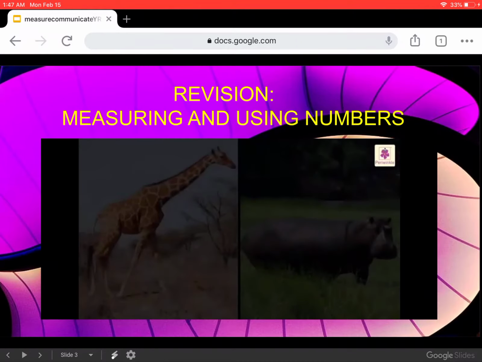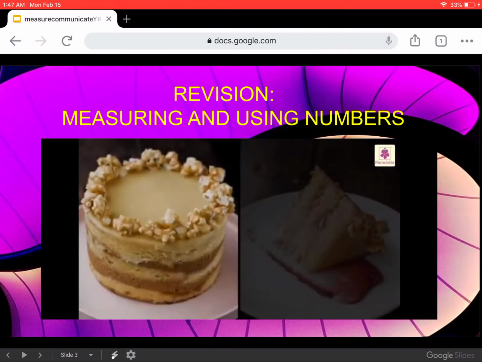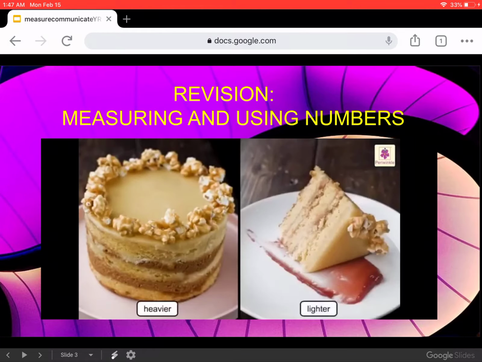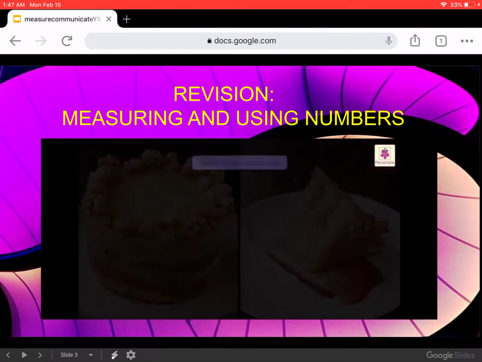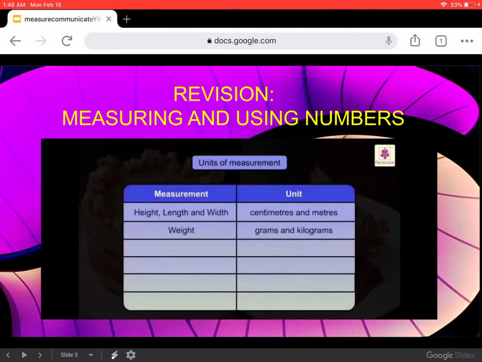We use words like taller and shorter to compare the height, and words like heavier and lighter to compare the weight of different things, animals, or people on a daily basis. There are different units in which we measure the height, weight, time, distance, etc. Let us study these different units of measurement today.